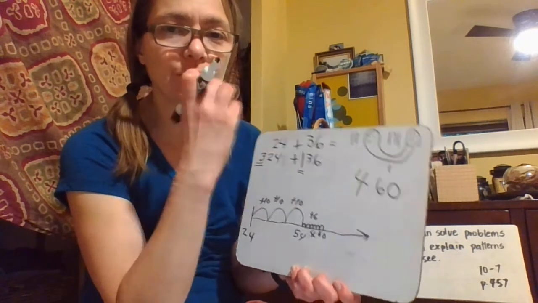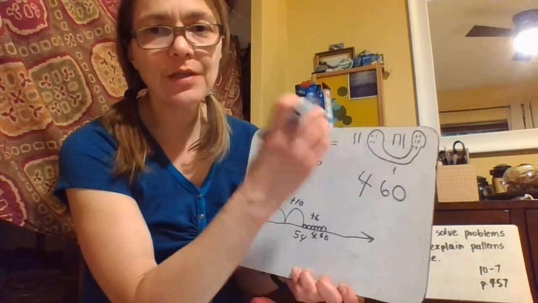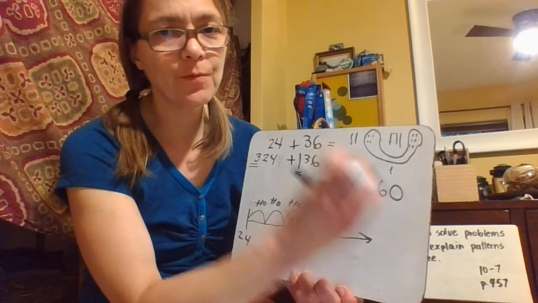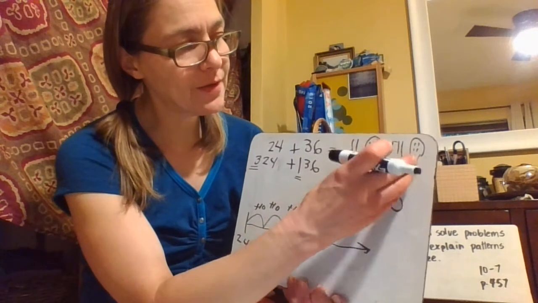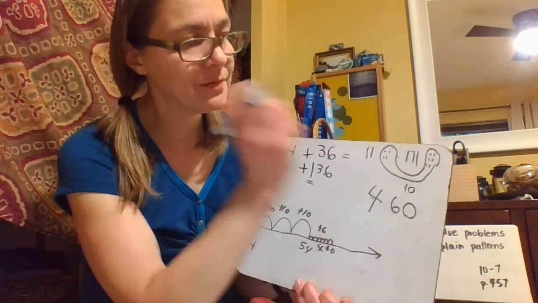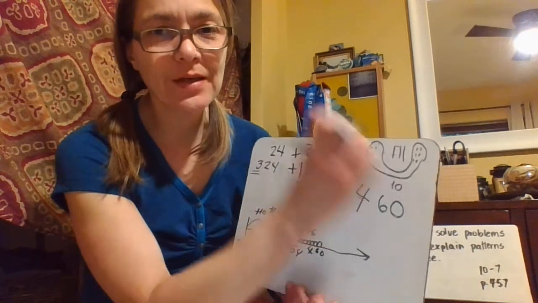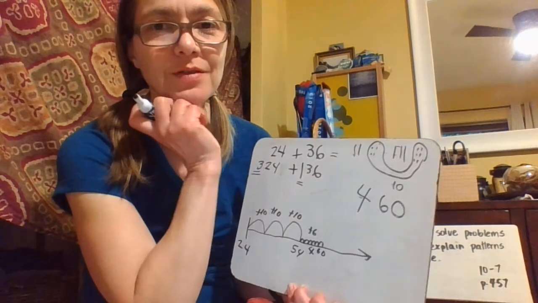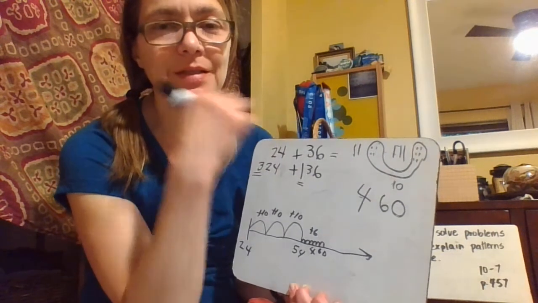Or go ahead and draw the base 10 blocks. And then just explain each step real simple. I combined the 6 ones and the 4 ones and made a 10. Okay? Real simple. Don't overthink it. Just write out the steps.